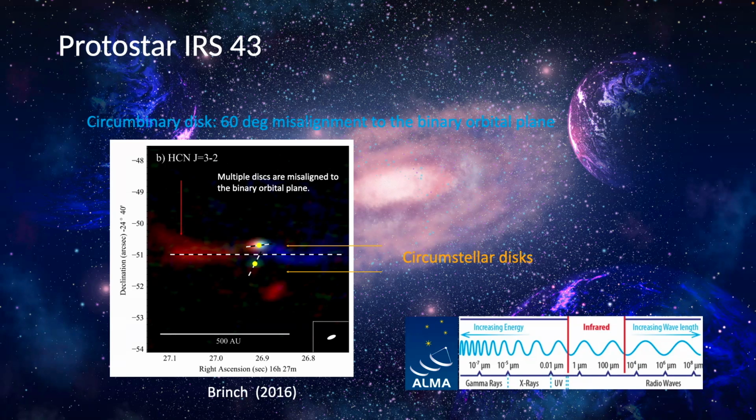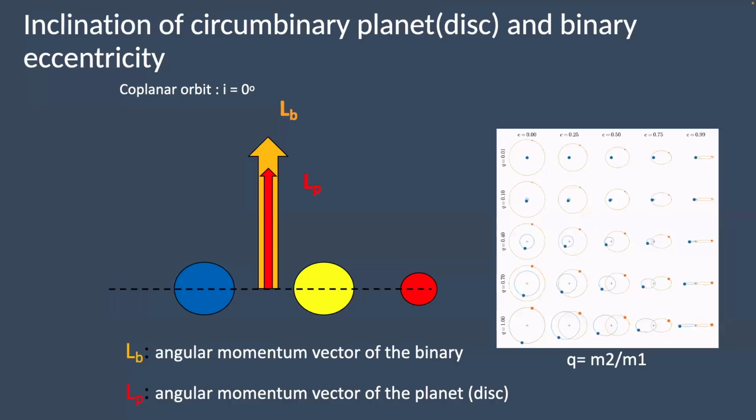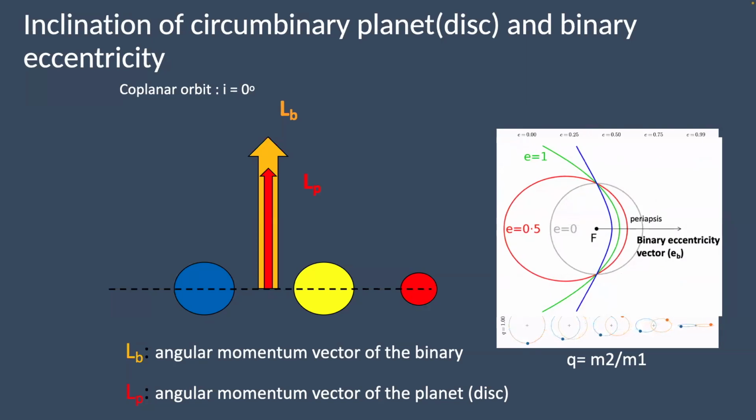The question is how we define the inclination of the circumbinary disk or circumbinary planet. Let me explain the detail. In this figure, L_b is the angular momentum vector of the binary, and L_p is the angular momentum vector of the planet. If they are parallel to each other, it's coplanar.